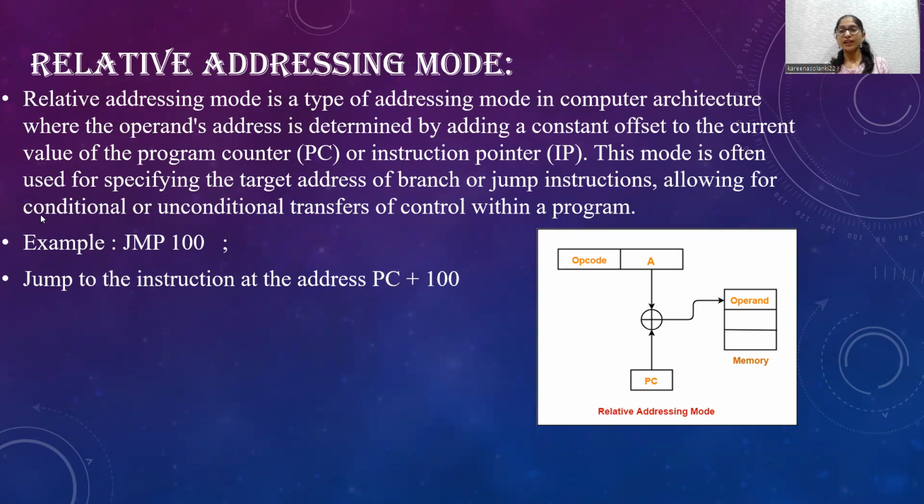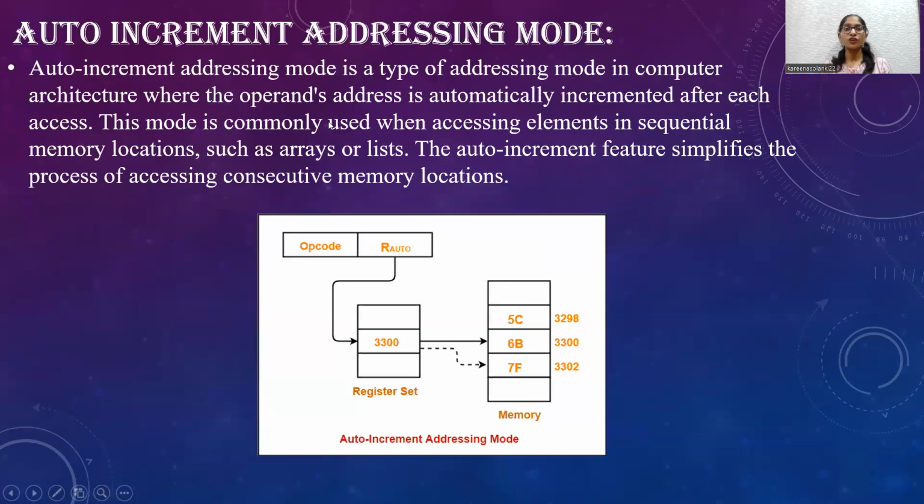Here we could see that the register A and the program counter are connected to a constant offset, and that constant offset is connected to the operand of the memory. The example is JUMP 100, where it will jump to the instruction at the address PC, that is the program counter, plus 100.